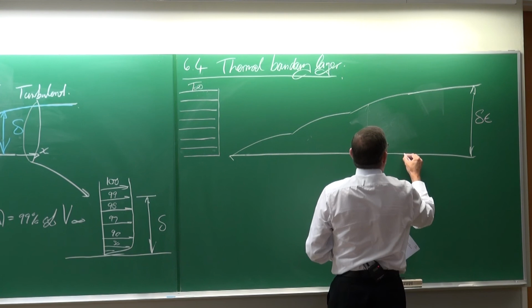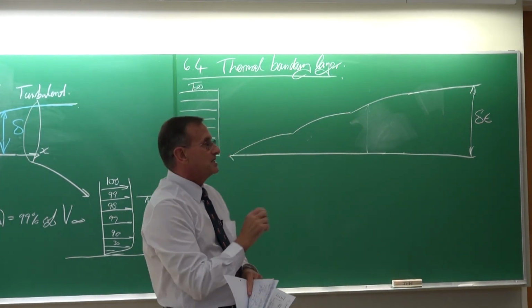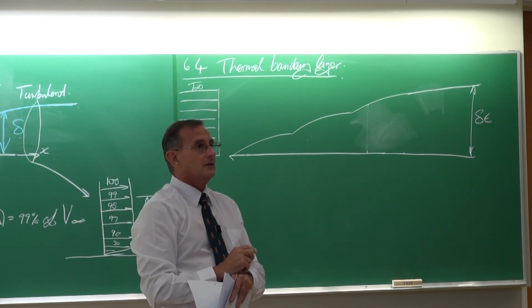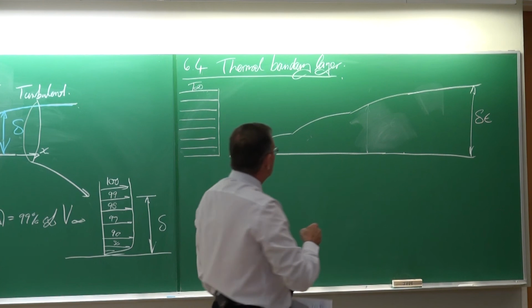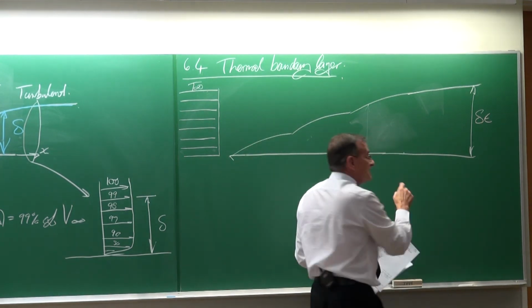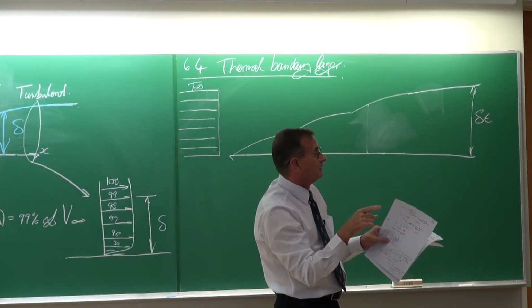If we now look at the temperature there on the flat plate, what is it going to be? If we have to draw it, well, where it's different now is that it is not zero. Or in some cases it can be.